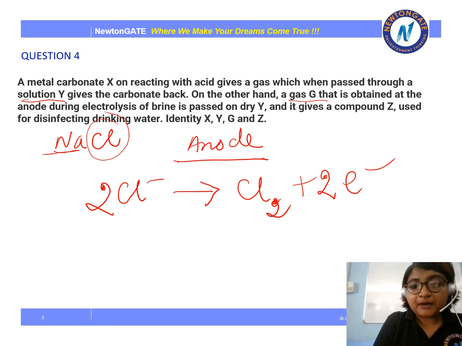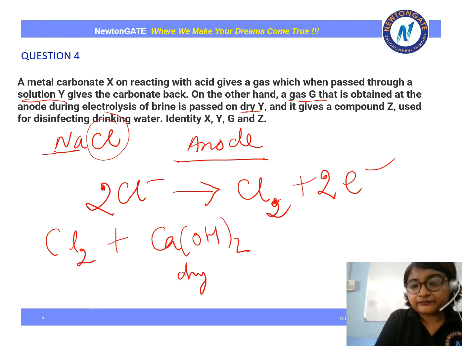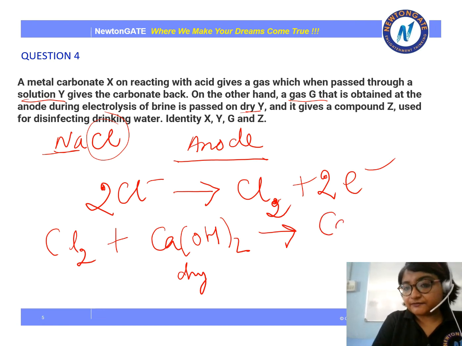If you pass chlorine on dry Y, you have already found out your solution Y was calcium hydroxide, right? So if you pass chlorine gas on dry calcium hydroxide, you will get bleaching powder.